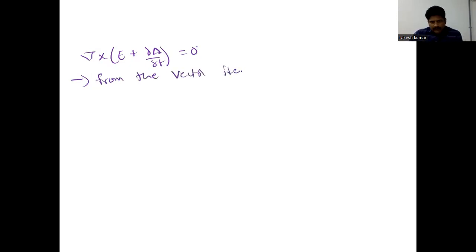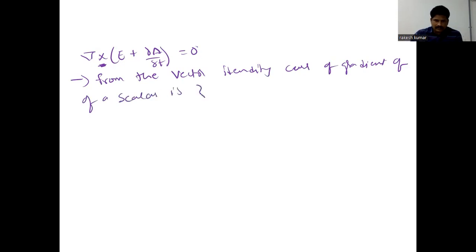Therefore, taking del cross common, it is del cross of E plus dou A by dou t is equal to 0. So this is the expression. From the vector identity, curl of gradient of a scalar is 0.